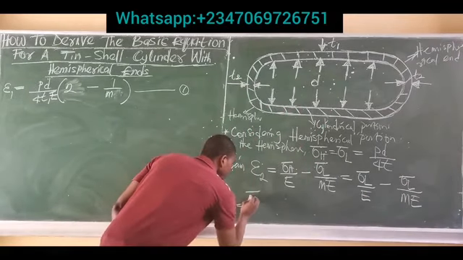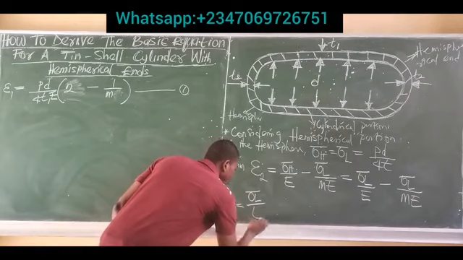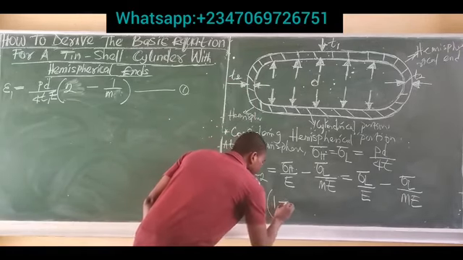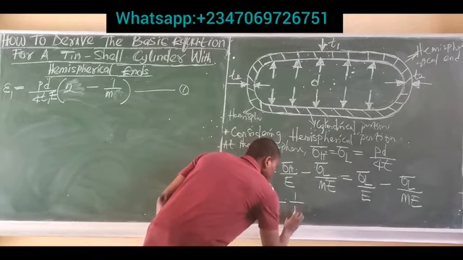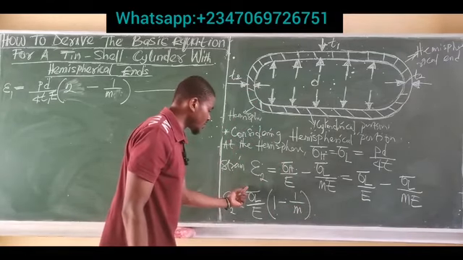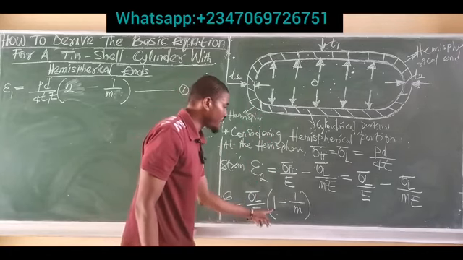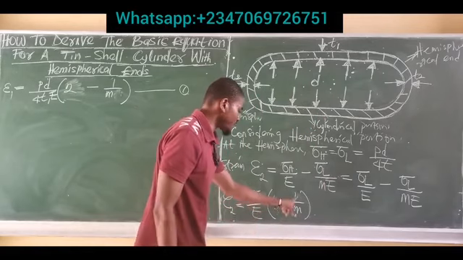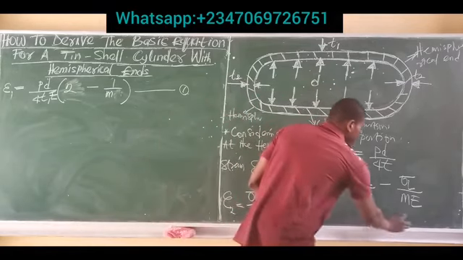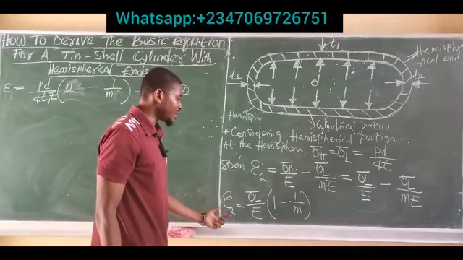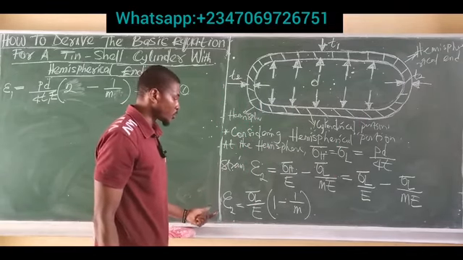Now I am simply left with 1 minus 1 all over the Poisson ratio, such that this longitudinal stress over Young's modulus multiplied by 1 gives us back this expression, and multiplied by 1 all over m gives us back the other expression. So this becomes the expression for the strain in the hemispherical portion.